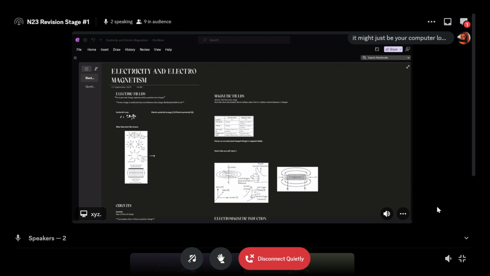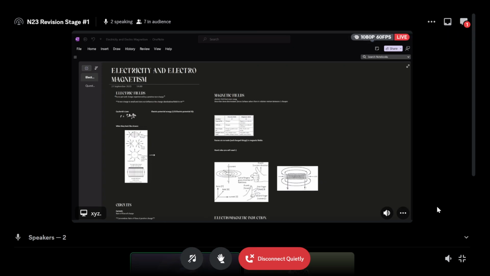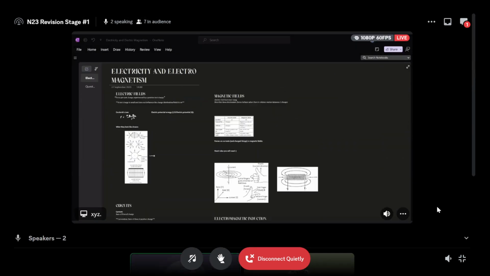The electric potential energy is dependent on the charge as well as the electric potential at that point. But the electric potential is independent of the charge of the particle. That's the difference between potential and potential energy in an electric field.